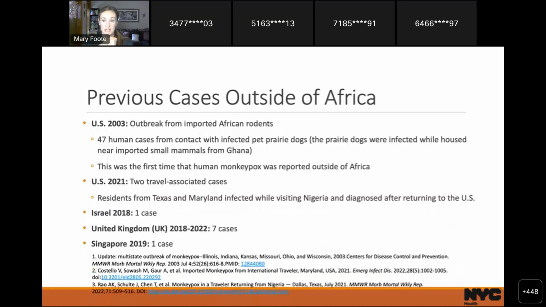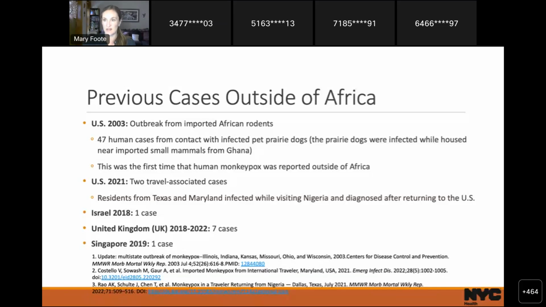And then the prairie dogs were disseminated to pet stores in parts of the country that then, when they were taken home, there were exposures and led to an outbreak with 47 total human cases that were identified from contact with these infected prairie dogs. And this was really the first time that we had seen human monkeypox outside of Africa, and especially with sustained human-to-human transmission.